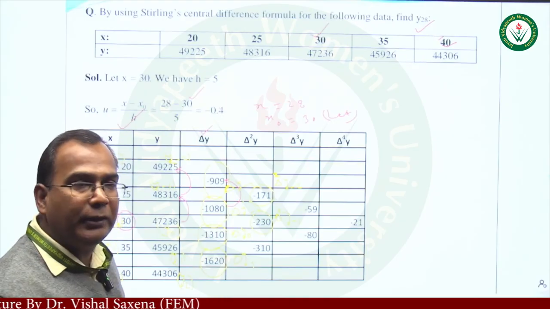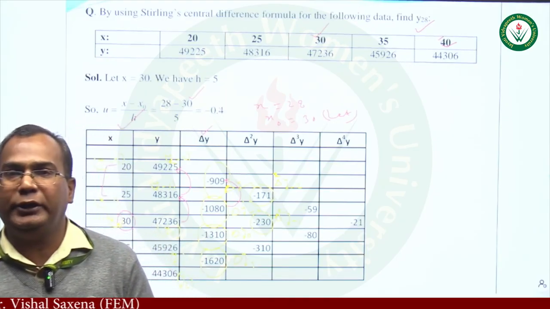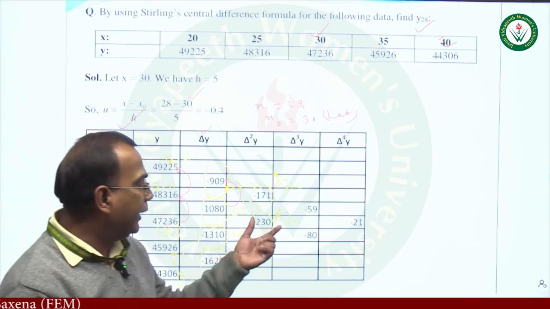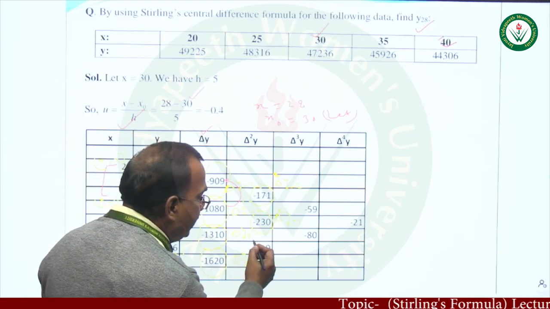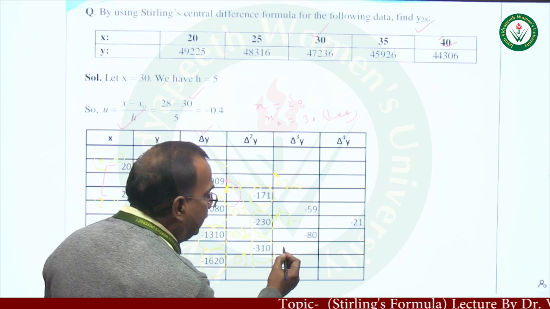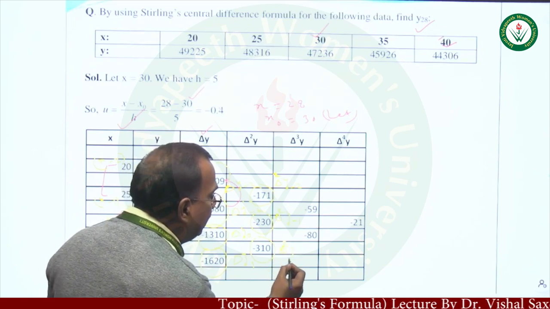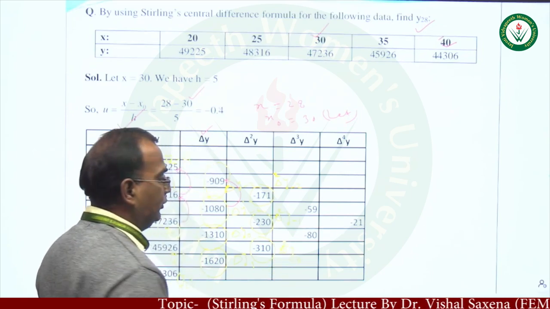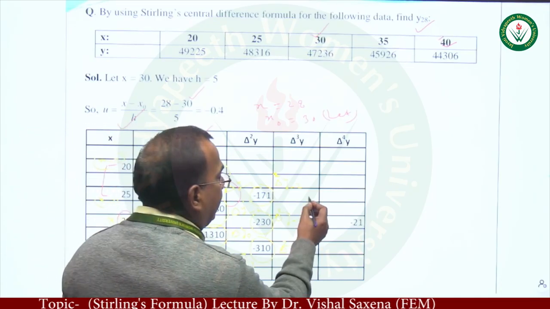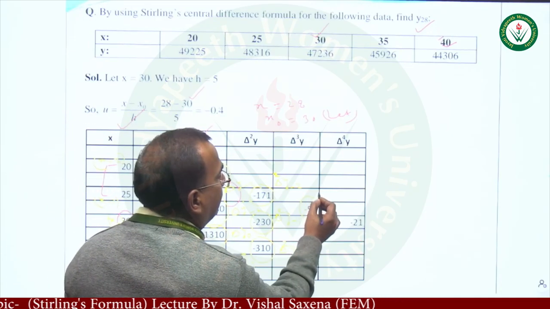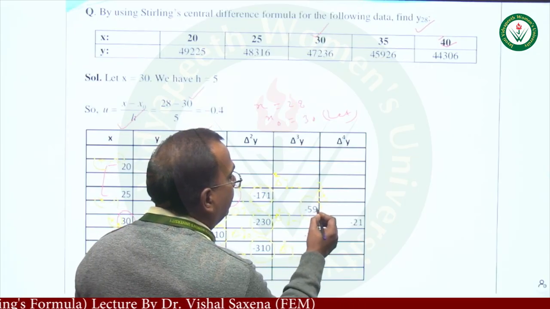So its name is del square y minus 1, just as we discussed already in the last lecture. And minus 310 is coming there, its name is del square y naught.